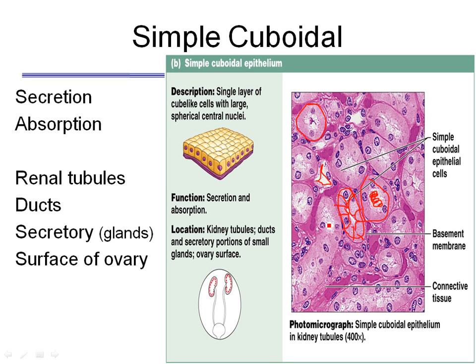Can't see it, but you can tell that there's something in there. And they're definitely not flat, but they're also definitely not tall. So those are simple cuboidals. We find them in tubes in the kidney called renal tubules. You find these in ducts of secretory glands. We're going to find them in secretory glands in the ducts and the surfaces of the ovary. Simple cuboidal epithelia perform secretion and absorption.